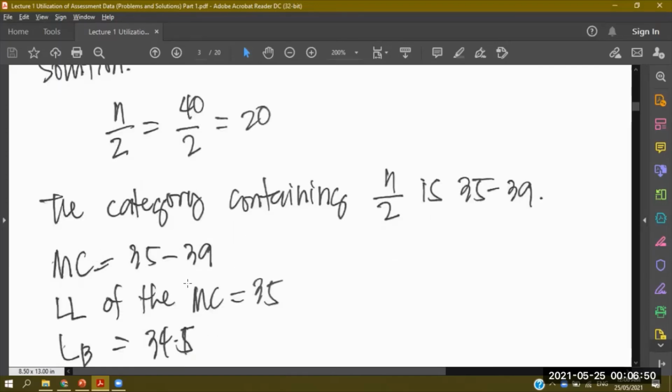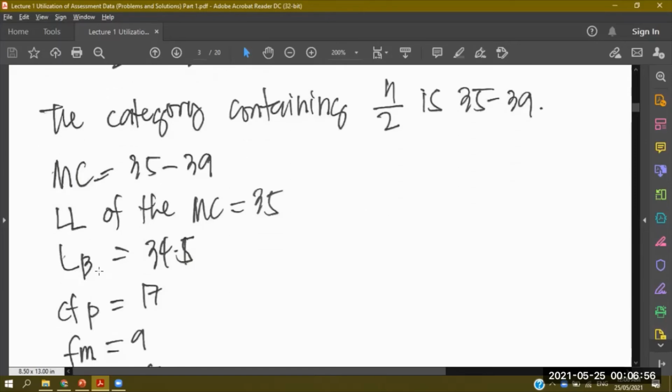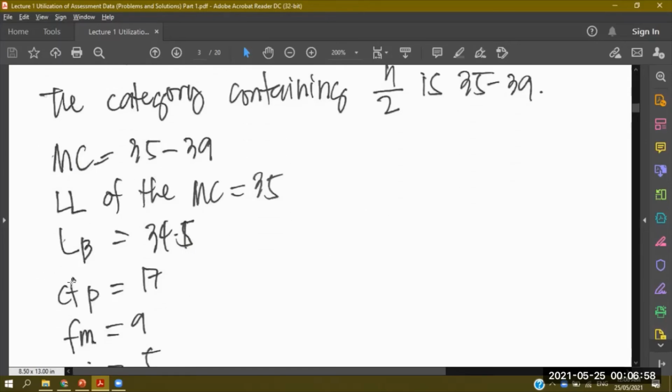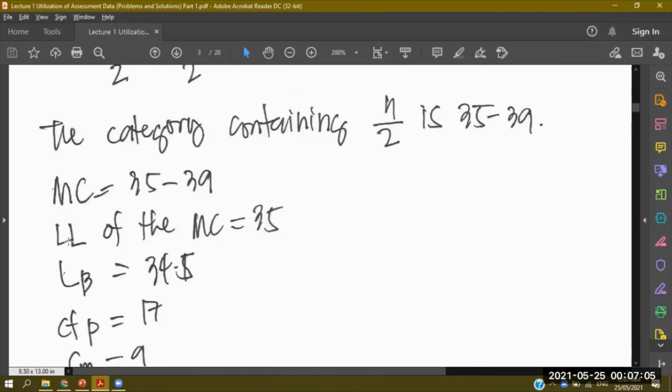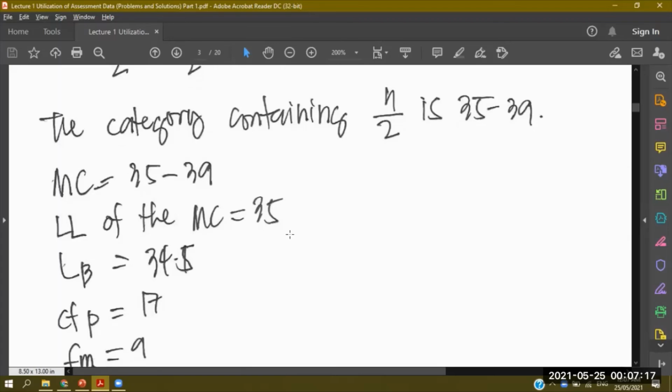We get 35 to 39 because of the n over 2. Paano natin kinuha yung n over 2? Hinanap muna natin si CFP. Okay. And then the LL of the MC, ibig sabihin ng LL, that is lower limit. The first side is the lower limit. The second side is the upper limit. So LL of the MC, that is 35. So that is why meron tayong 35 dito.